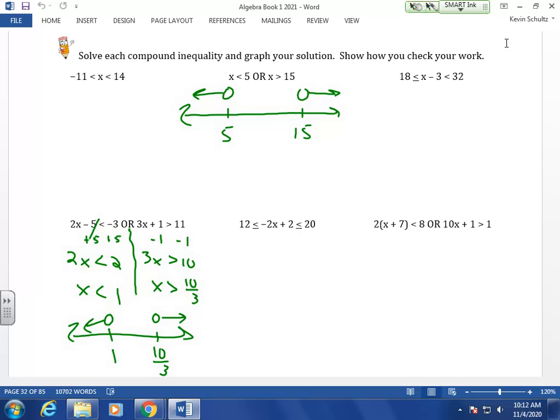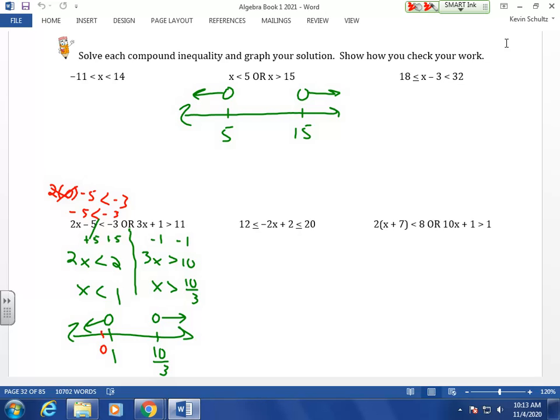If we picked 0, which is in this solution, and plug 0 in here, 2 times 0 minus 5 is less than -3. Is -5, because that cancels out, less than -3? Yes. Okay. 0 is not going to work over here, right? But it's not supposed to. It's not both of them. It's one or the other.